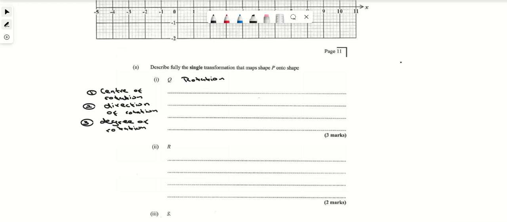So, if I had to describe this rotation, I will say that object P was rotated 180 degrees clockwise direction about the center of rotation 7, 7.